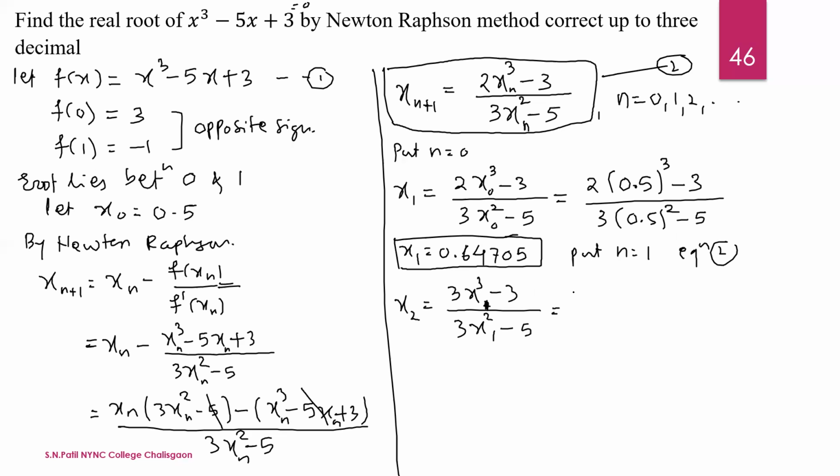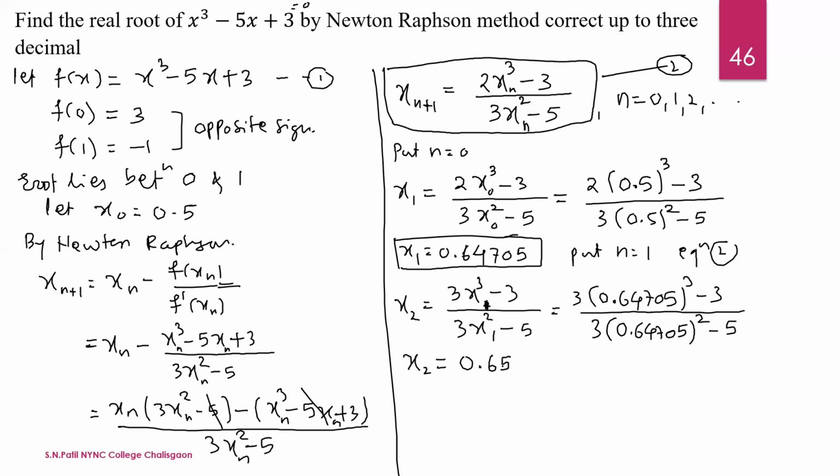Now substitute the value of x1: 2 times 0.64705 raised to 3 minus 3, divided by 3 times 0.64705 raised to 2 minus 5. Okay, so we get x2 is equal to 0.6567.